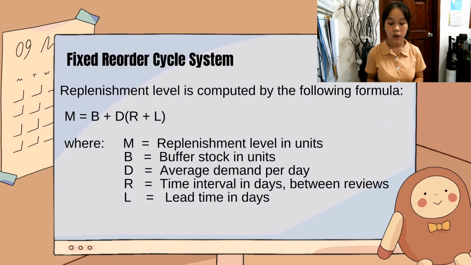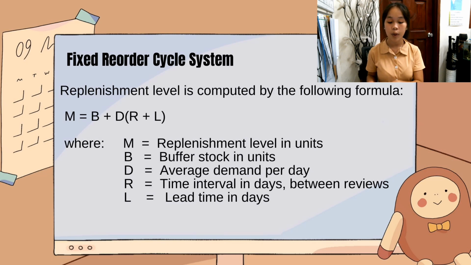Second is the fixed reorder cycle system. This is also known as the periodic review or the replacement system, where orders are made after review of inventory levels that has been done at regular intervals. An order is placed if at the time of the review the inventory level has gone down since the preceding review. The quantity ordered under this system is variable, depending on usage or demand during the review period.